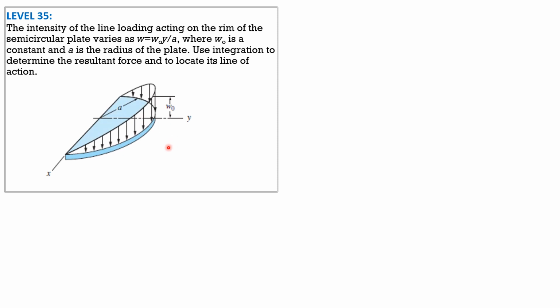Then let's consider a sector element so that the strip would look as shown. So we have a vertical strip, a triangular strip. The height is W0, the intensity of the load, and the thickness is subtended by differential angle d theta.